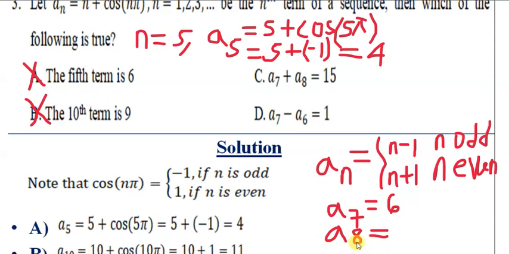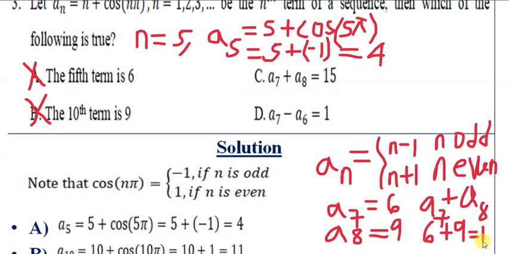Here, when n is equal to 8, this becomes 9, and therefore a7 plus a8 gives us what? a7 is 6 and a8 is 9. 9 plus 6 gives us 15, and therefore C is the right answer.